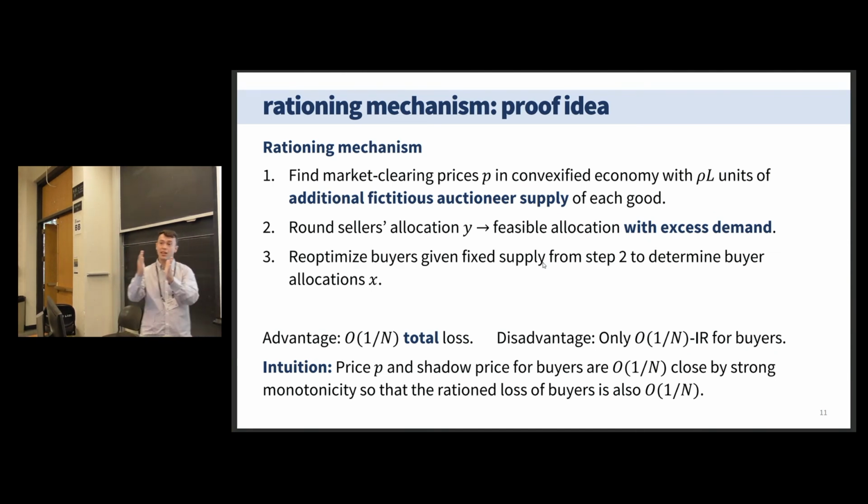And if there's rationing, then there's going to be a shadow price for all of the agents that might be some distance from the price that we're going to use in the rationing mechanism to determine payments. Since these prices are not exactly equal, without some strong monotonicity condition, we just don't have a bound on the utility difference. I'm happy to talk more about it, but the dual of the efficient allocation problem could be very flat.